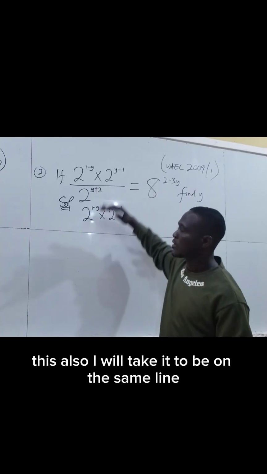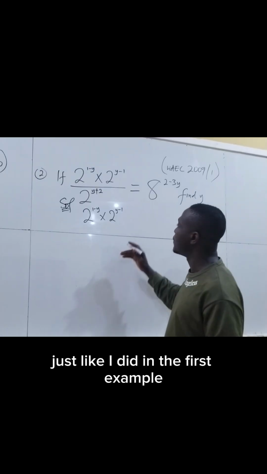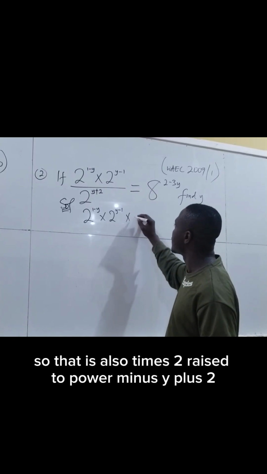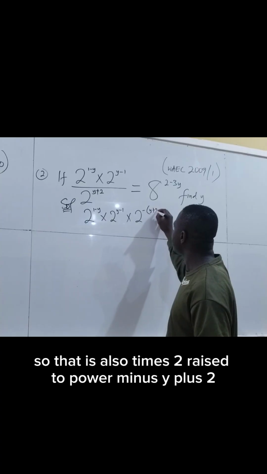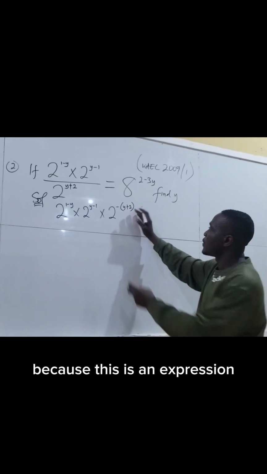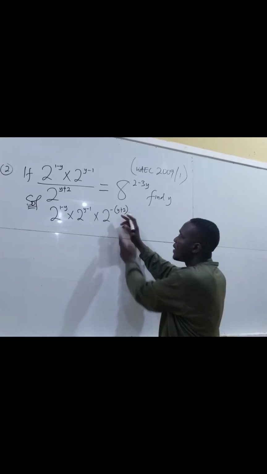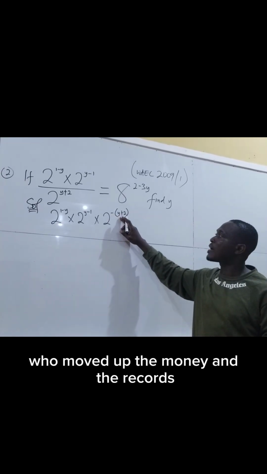This also, I will take it to be on the same line, just like I did in the first example. So here is also times 2 raised to power minus y plus 2. Why did I put this in brackets? Because this is an expression. Every sign outside an expression will open up the one inside the bracket.